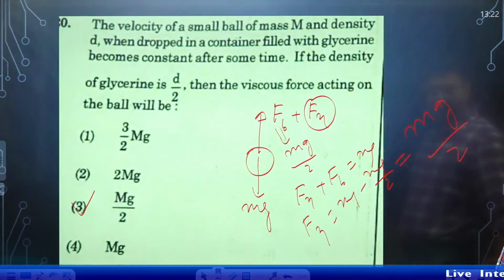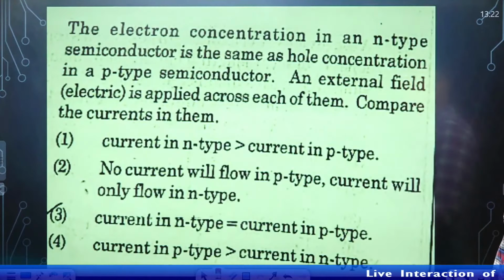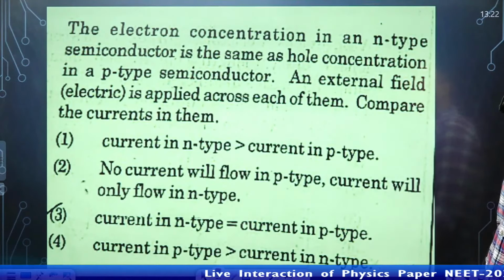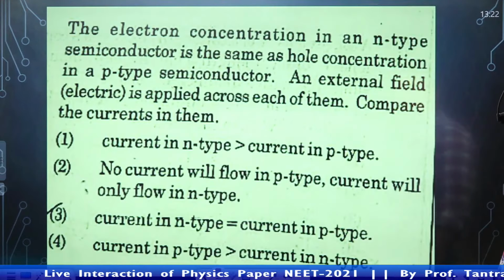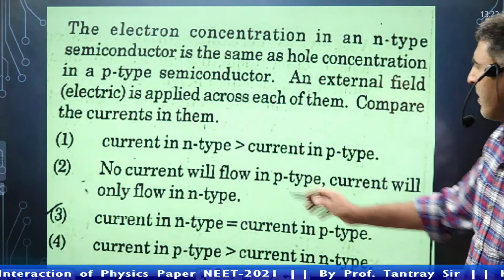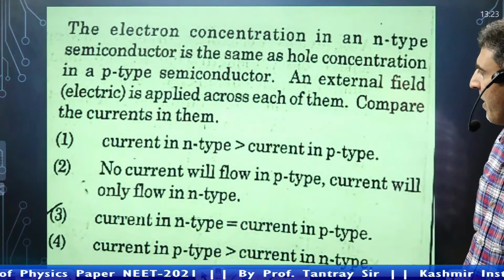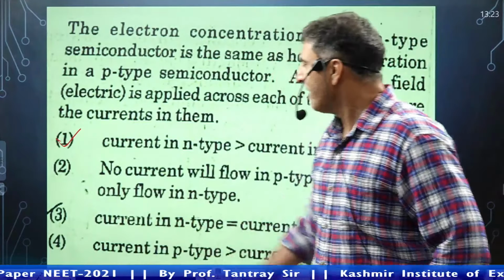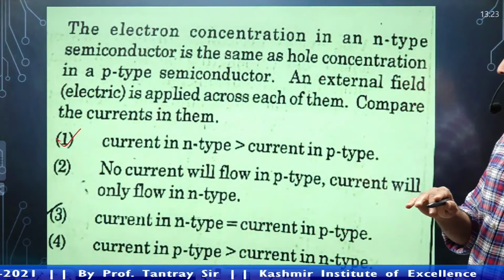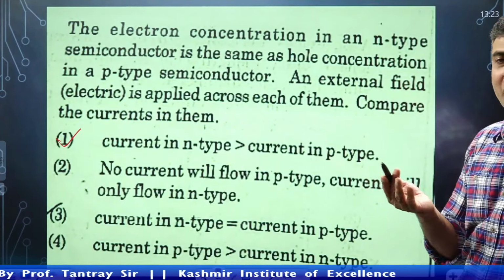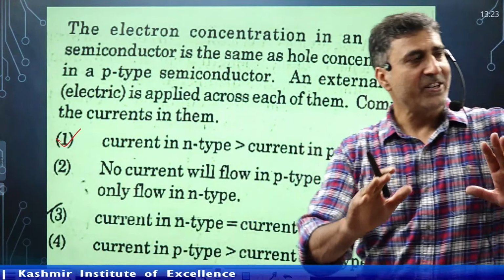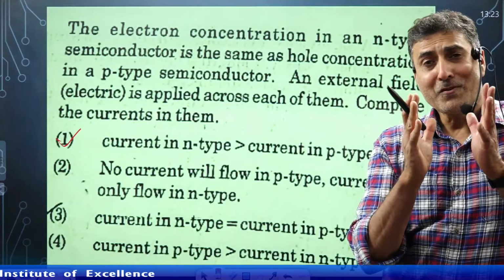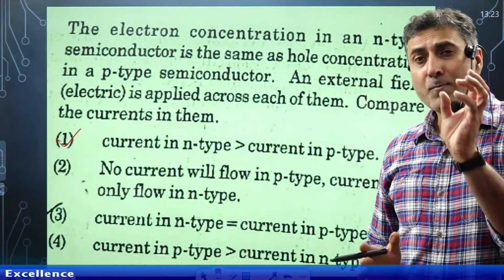Okay, let me go to another question. The electron concentration in an n-type semiconductor is the same as the hole concentration in a p-type. An external electric field is applied. So why is the current in n-type greater than the current in p-type? I think this should be the answer. Although the electron concentration and hole concentration are the same, you must not forget that electron has more mobility.